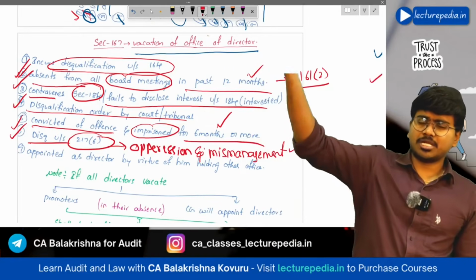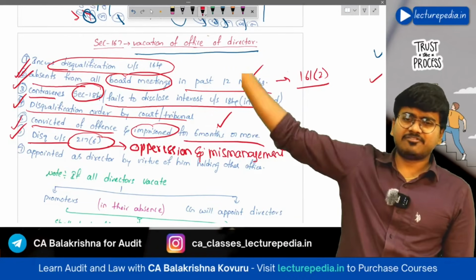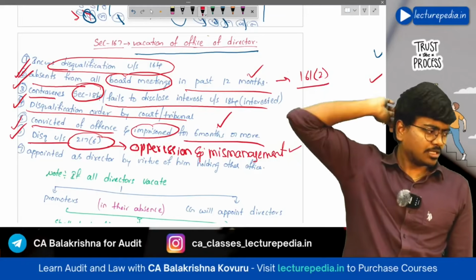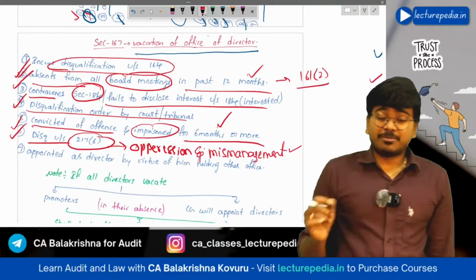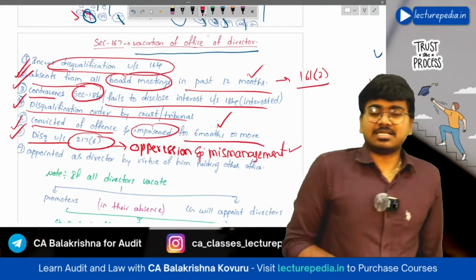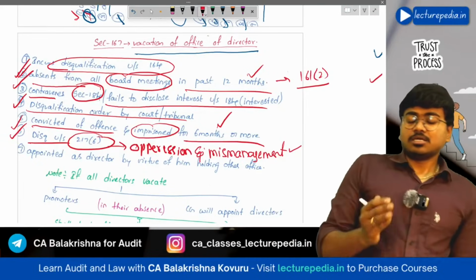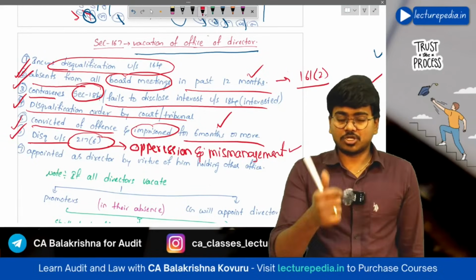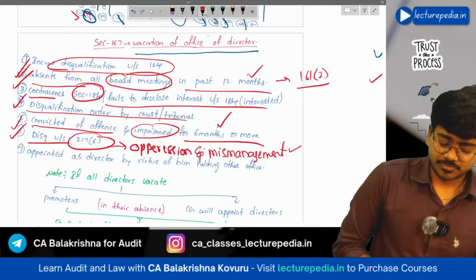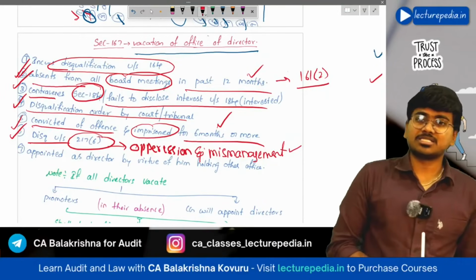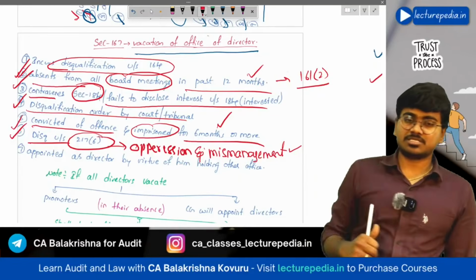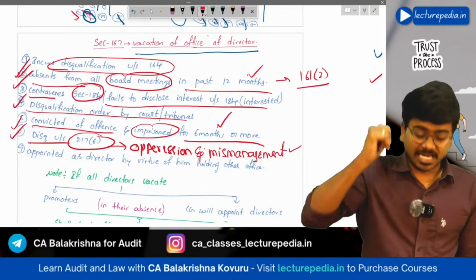Operation and mismanagement are completely different concepts. We will be discussing them in fifth chapter. There, the tribunal will pass an order against the director if it is proven that they have conducted operation or mismanagement in the company. So if the director is disqualified by an order passed by the tribunal under section 217 subsection 6, then also the director has to vacate his office.